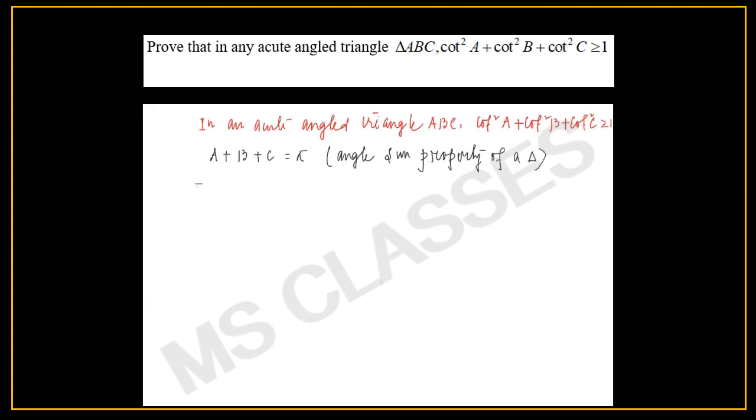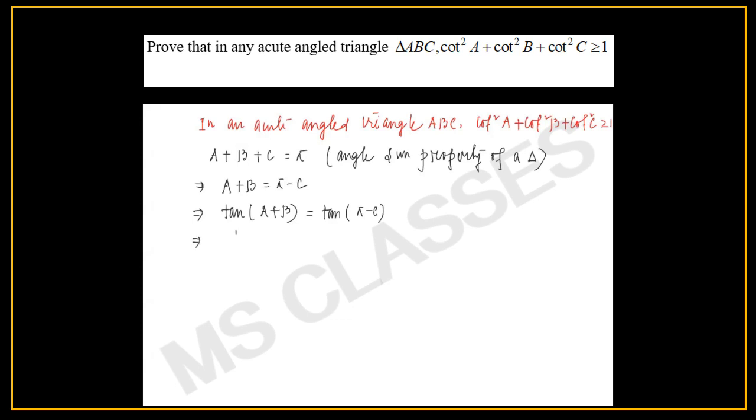Now from this we can say that A plus B equals pi minus C. Now it is an acute angle triangle, that means no question of any angle being an odd multiple of 90. So we can write tan (A plus B) equals tan (pi minus C).